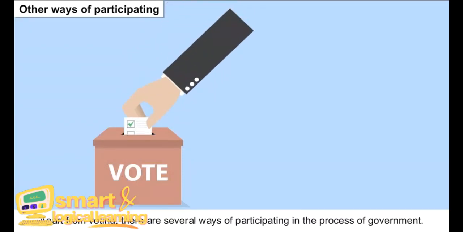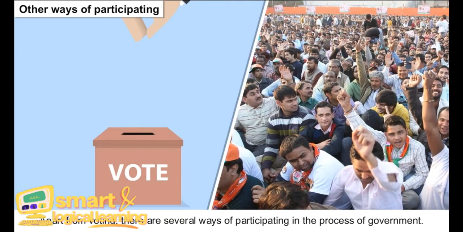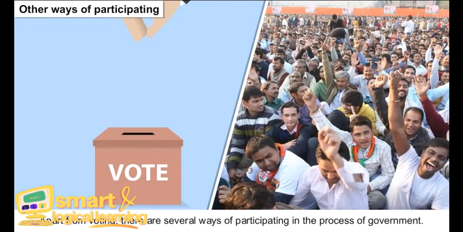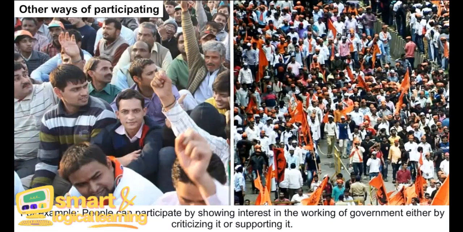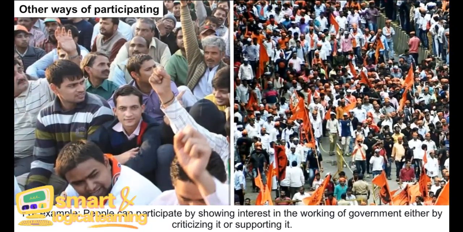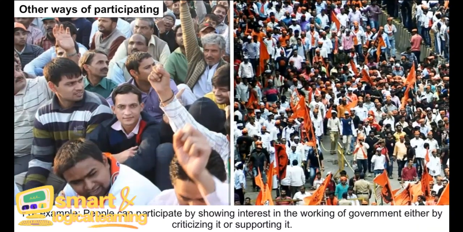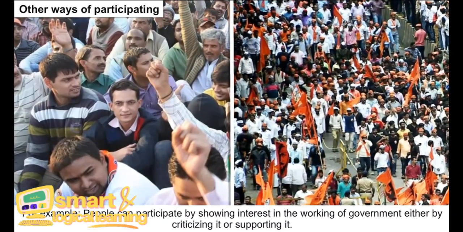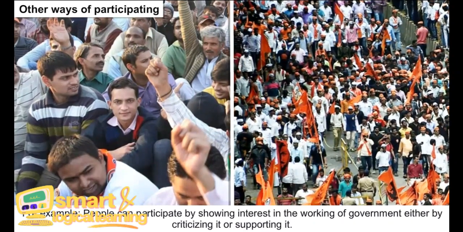Apart from voting, there are several ways of participating in the process of government. For example, people can participate by showing interest in the working of government, either by criticizing it or supporting it.